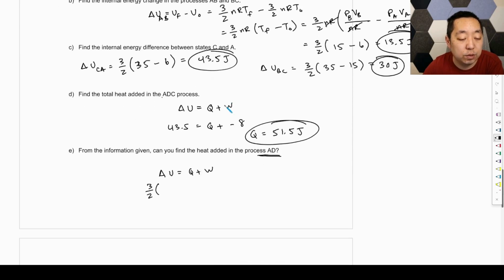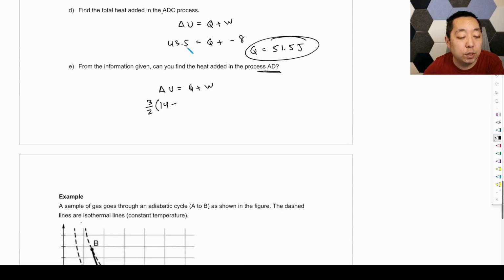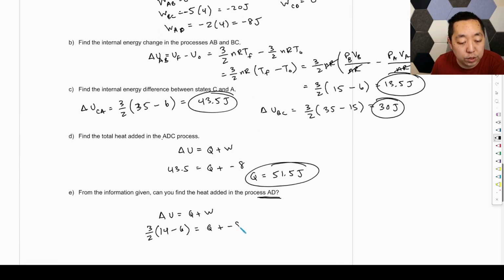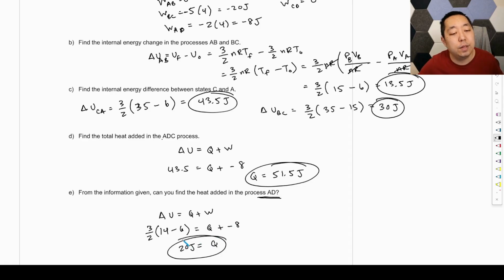So it's 7 times 2, which is 14, minus 3 times 2, which is 6. So it's just like we did before. And then the work done in that process we said was -8 joules. Right, we did that in part A. And so the Q is going to be positive, which is how much heat is added. This is going to be 8 times 3 halves, which is 12. 12 plus 8 is 20. 20 joules of heat was added.